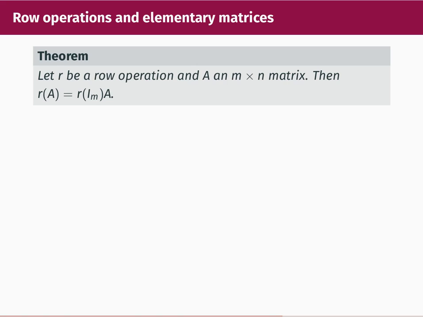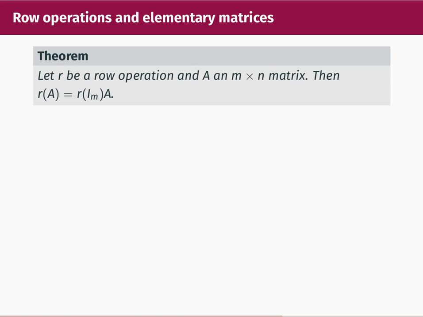In other words, the effect of doing the row operation R is the same as the effect of left multiplying by the elementary matrix corresponding to the row operation R. I'm not going to give a proof of this theorem in the video. If you'd like to see a proof for all three different kinds of row operation, you can look that up in the online notes. What I will do is show an example, in fact a couple of examples.